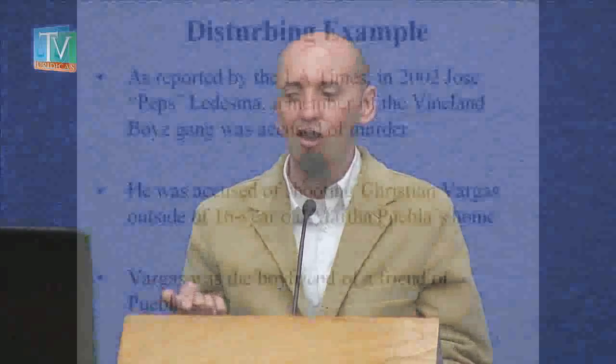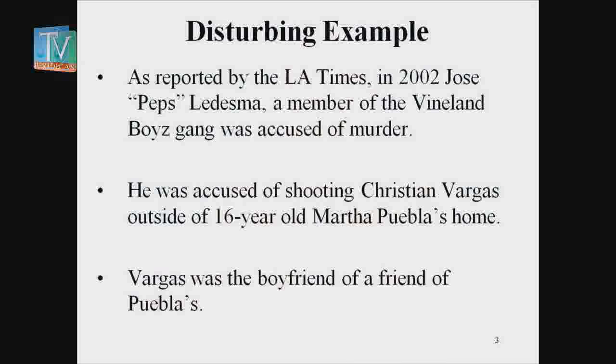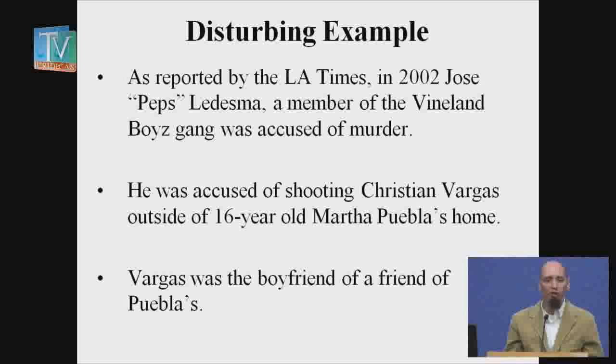A member of a gang called the Vineland Boys was accused of murder, and the basic scenario was that this 16-year-old girl, Martha Pueblo, was at home at her parents' house, and one of her friends and her friend's boyfriend, this guy Christian Vargas, drove to her house in the middle of the night, and were trying to get Martha to sneak out of her parents' house and go off and do whatever 16-year-olds do.